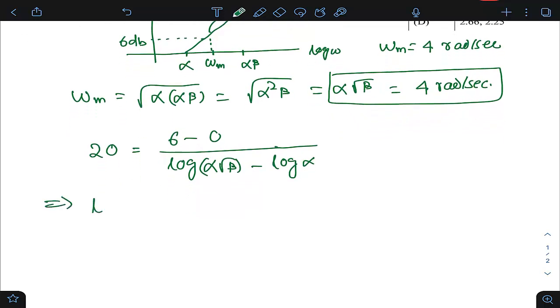This implies log alpha root beta minus log alpha happens to be 6 by 20.